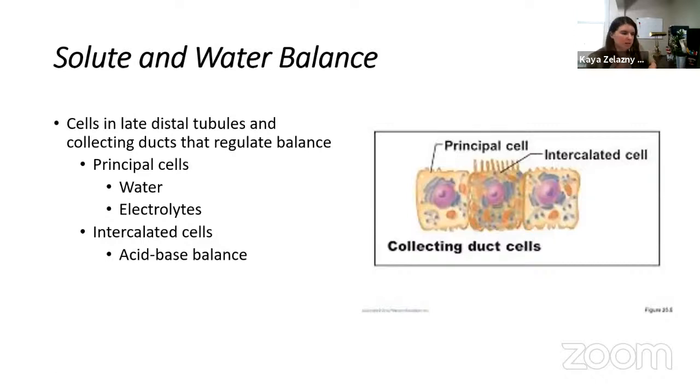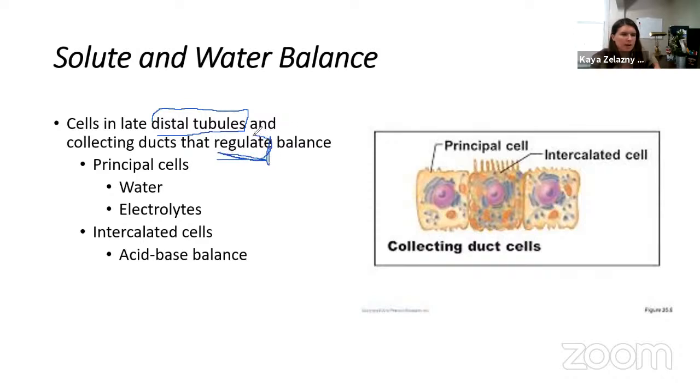Some of the cells that are going to be involved have some special names. When we talk about cells in the late distal tubule and in the collecting duct, this is really where we're regulating balance. We said that the distal convoluted tubule is where we're really going to have regulated reabsorption and secretion.